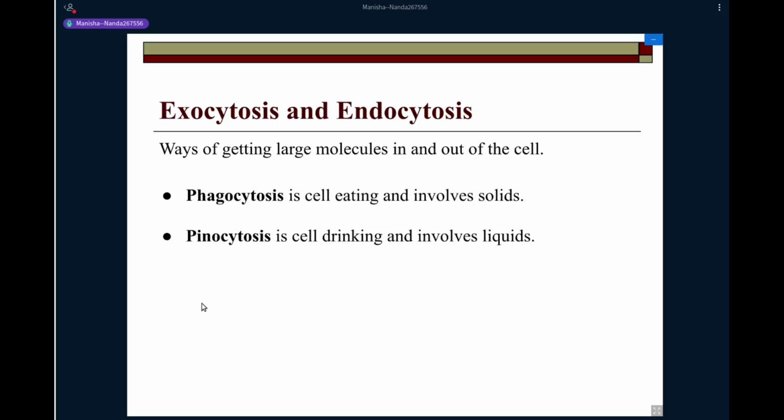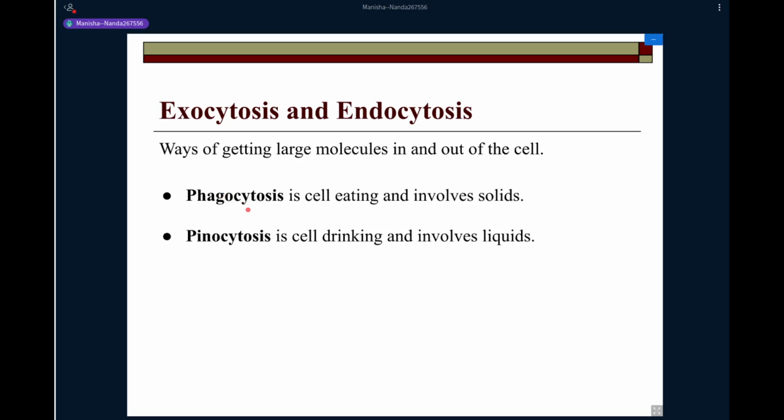Okay, fine. Then, when we talk of transport across membrane, we must always talk of these two terms, that is exocytosis and endocytosis. These are ways of getting large molecules in and out of the cell.